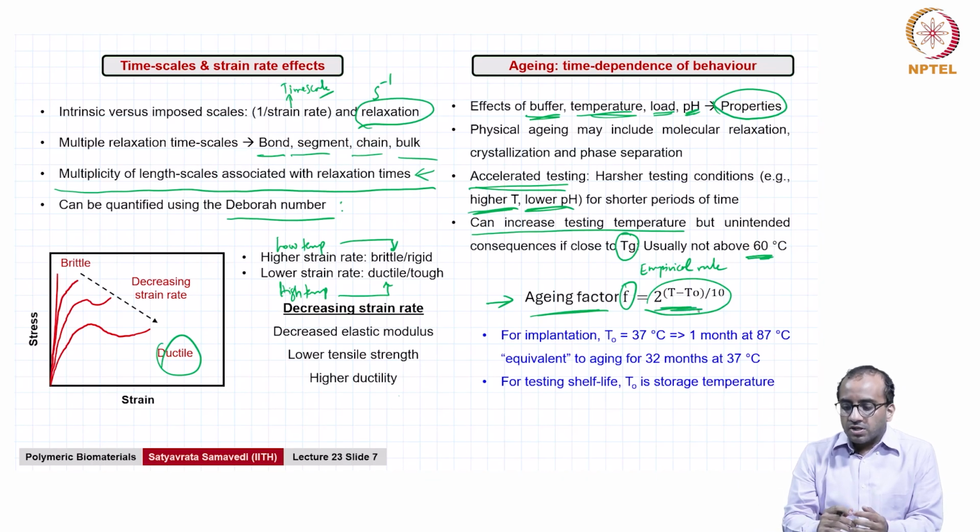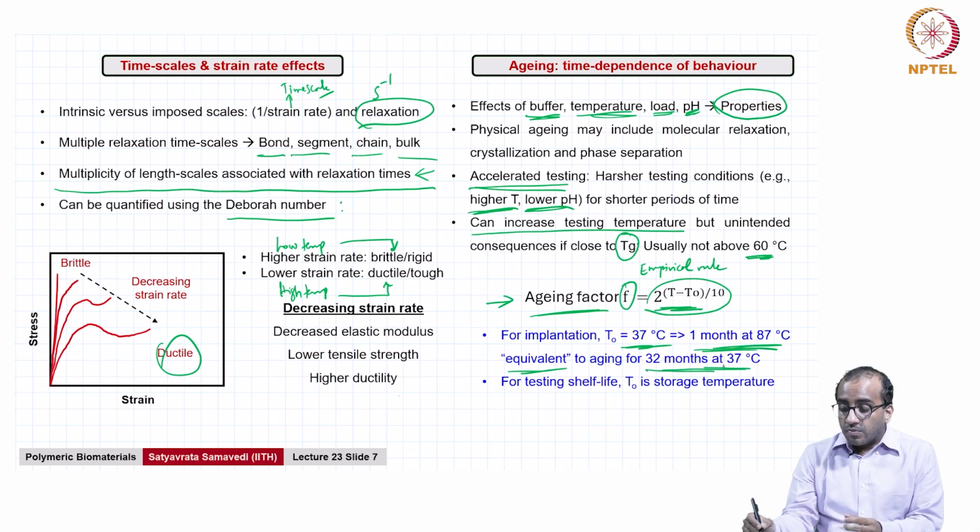So, for implantation, what that means is, if your intended temperature of operation is 37 degrees Celsius, which is the body temperature, 1 month tested at 87 degrees is equivalent to aging the material for 32 months at 37 degrees Celsius.